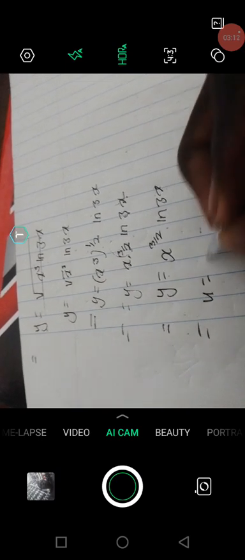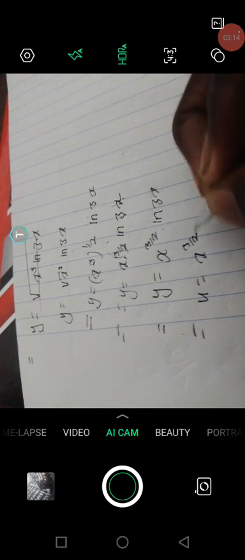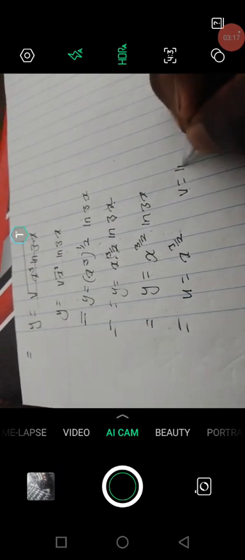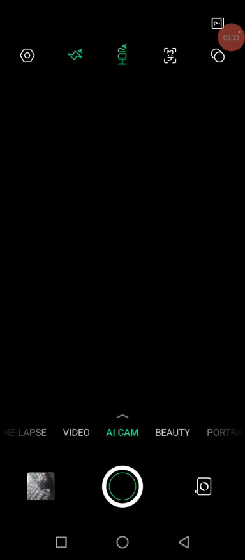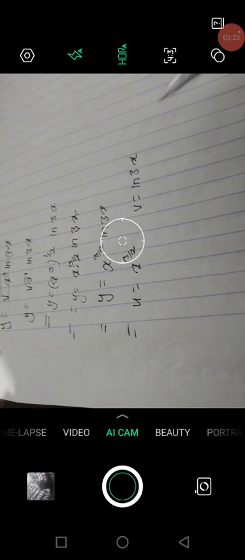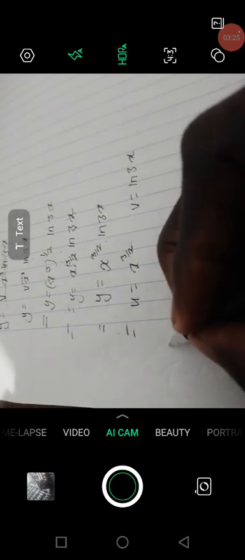My u value would be x to the power 3 over 2, my v value to be the natural log of 3x.